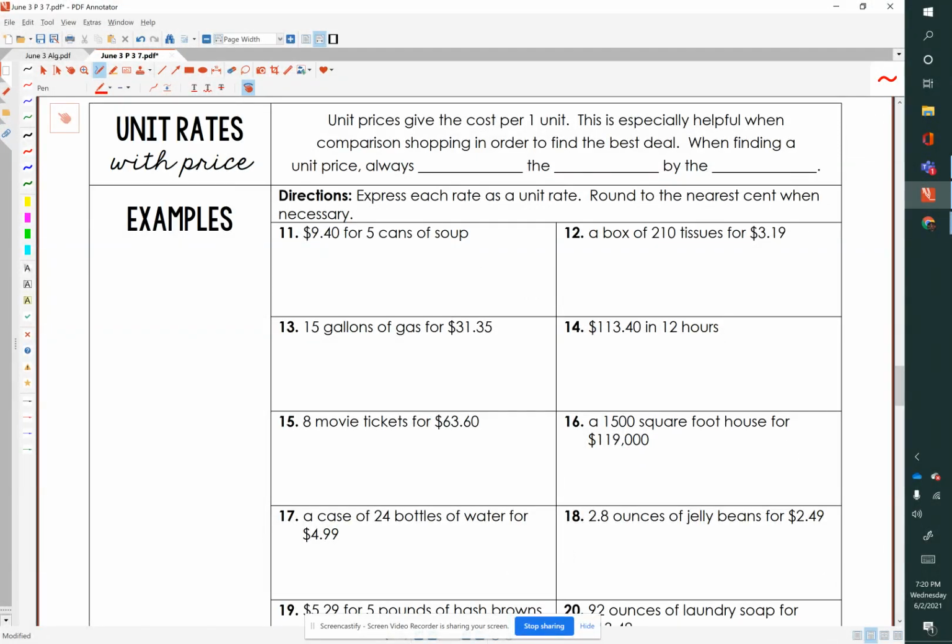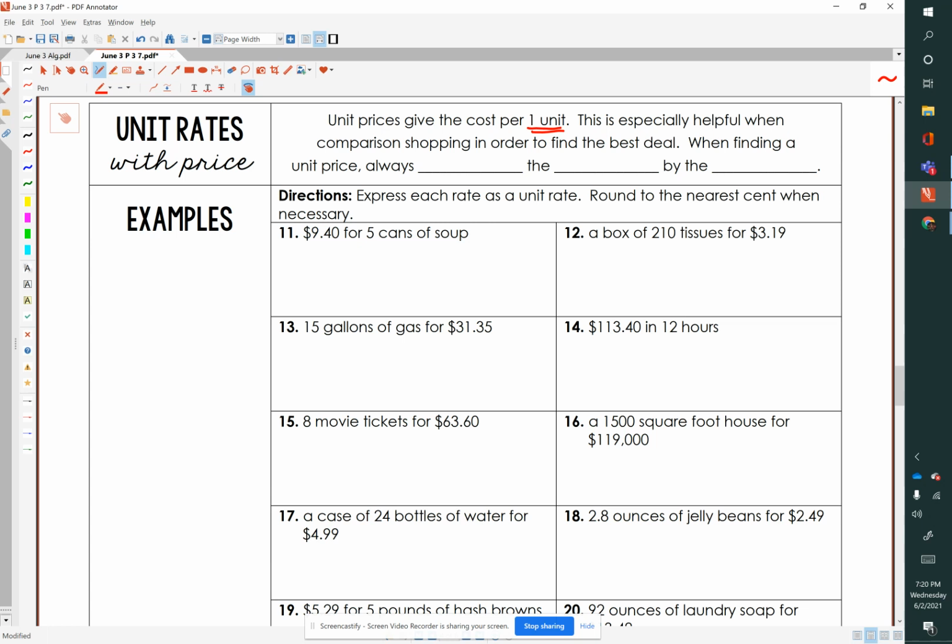Now, let's talk about unit rates with price. Unit rates with price give the cost for one unit. So the cost is per unit. You might not be buying it by the unit, but these unit rates help us decide in the store which is the better value.